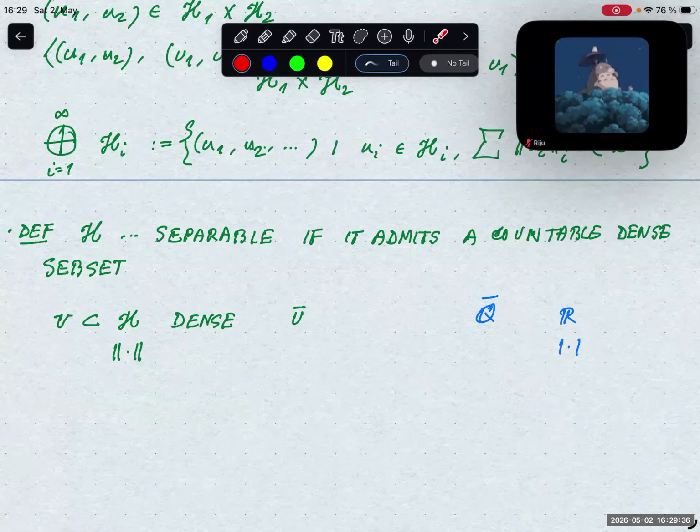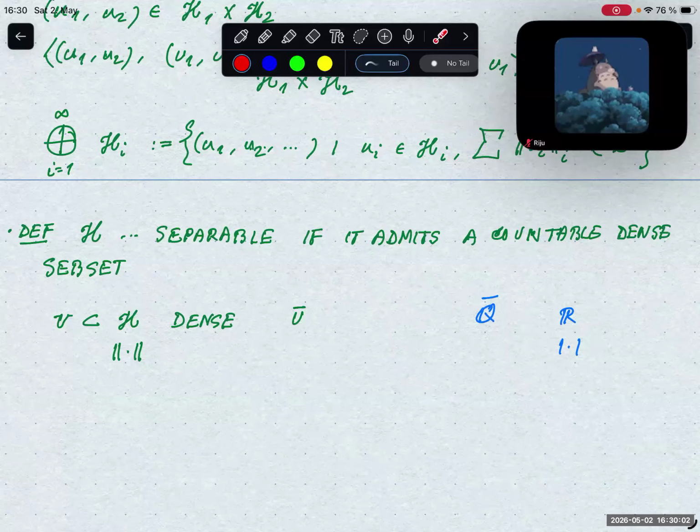Another way to understand this denseness is that you take any element in H, and then you take a sequence in U. And now, if any element in H can be approximated by some sequence in U, then U is called dense.